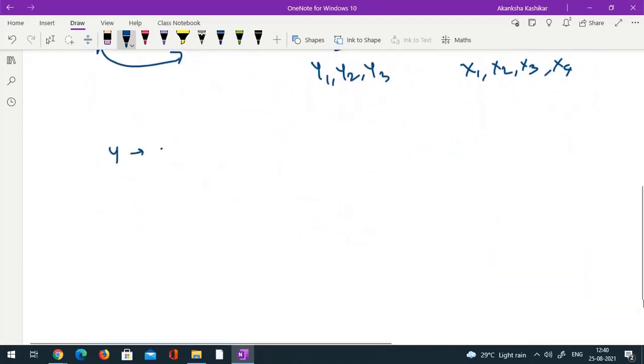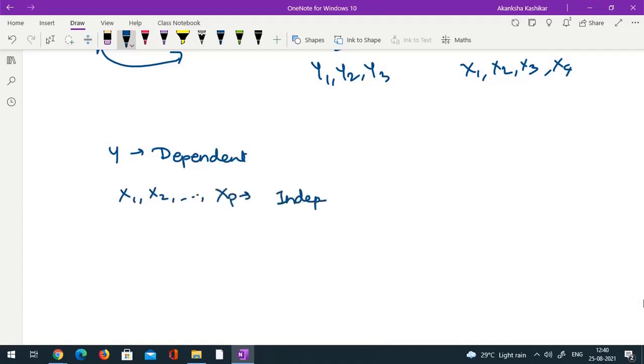So you have a dependent variable y, and you have some variables x1, x2, ..., xp, which you call independent variables.